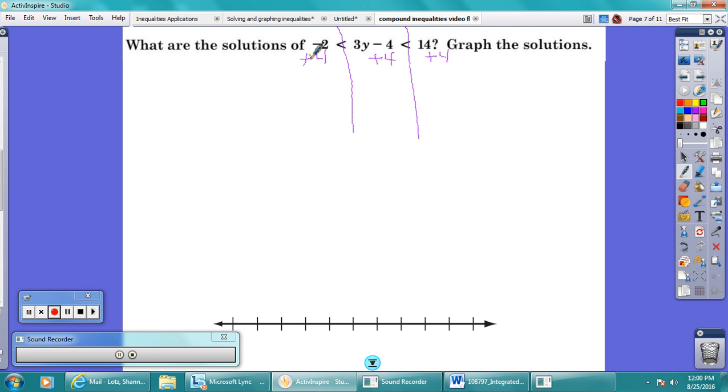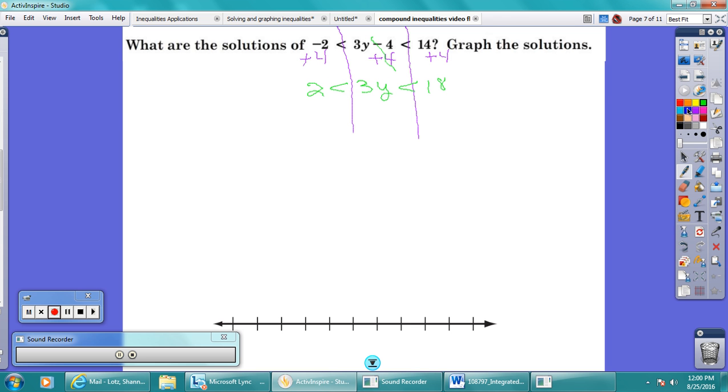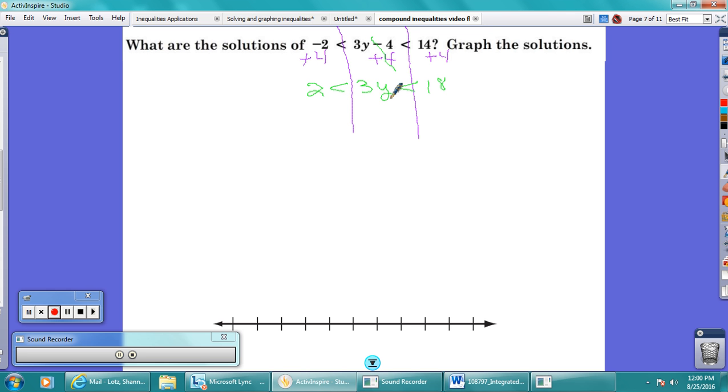Okay, so over here, 4 minus 2. Okay, 14 plus 4, 18. I bring my 3y way down in the middle. 4 minus 2 is 2. I'm not done. I don't have y by itself in the middle yet. So what I'm going to do now is divide. I'm multiplying, so I'm going to divide.